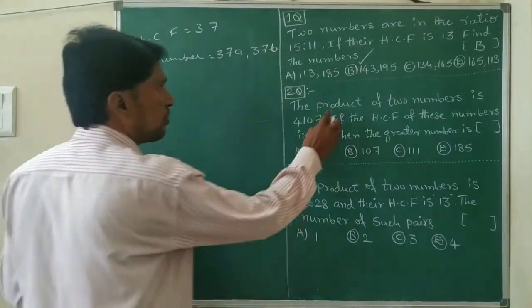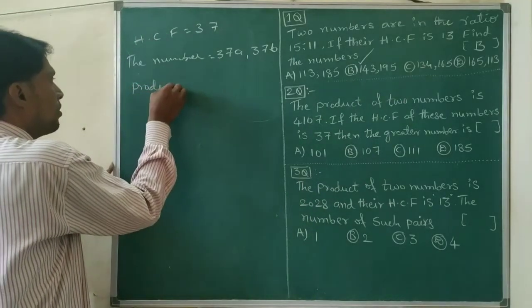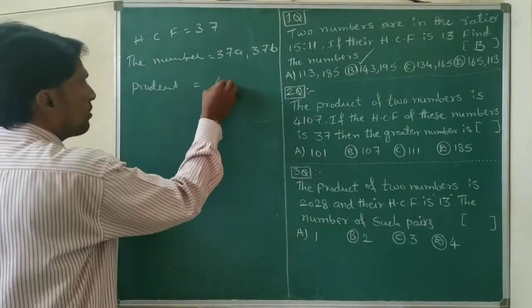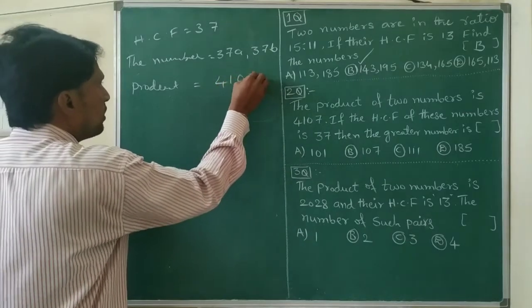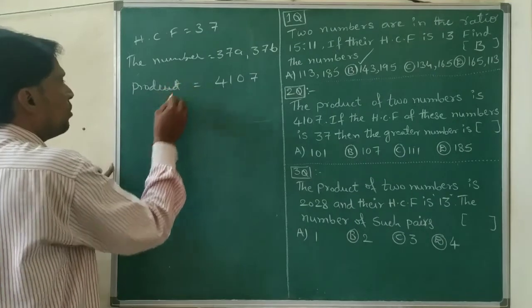One more clue is also given, the product of the two numbers, 4107.